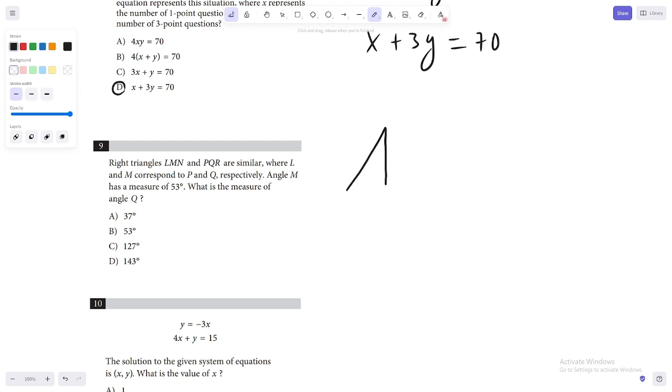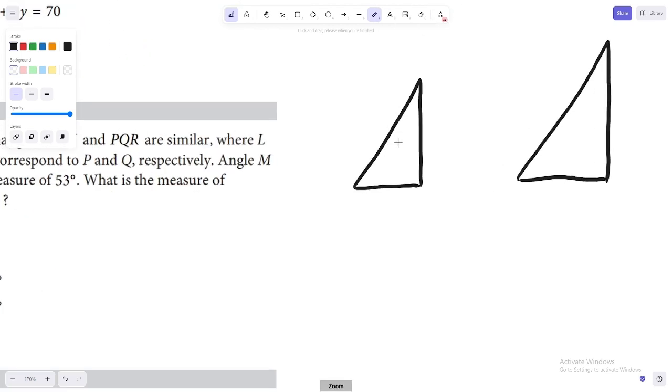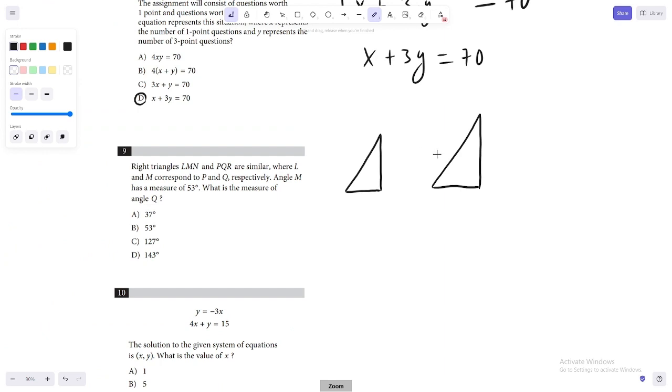We have the first triangle, and the second triangle, which can be a little bigger, a little smaller, but the ratios. So the way to understand similar triangles is that if you zoom in on one of them, it will look like the other one.